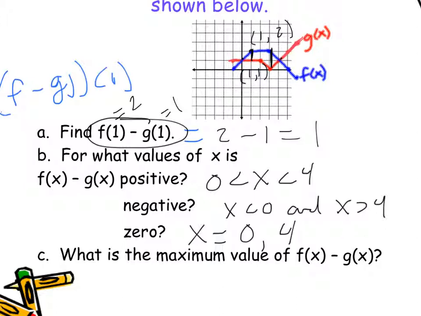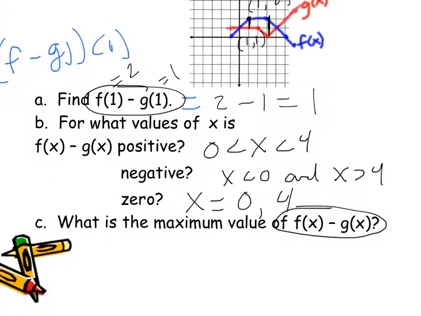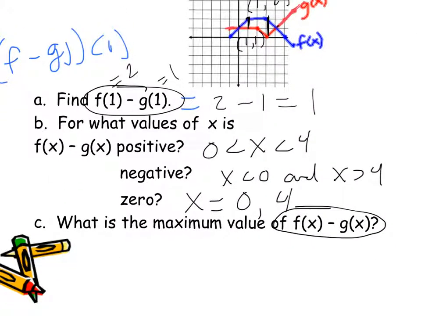Okay? And again, it's saying where is f of x minus g of x? So I want the biggest gap between the blue and the red. Okay? Now that looks like there's a difference of 2. And this all looks like it's happening at x equals 3.